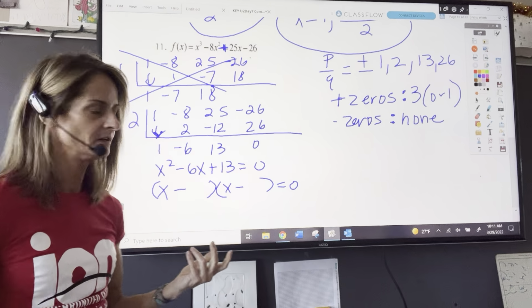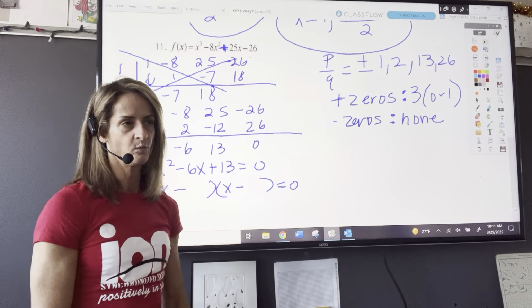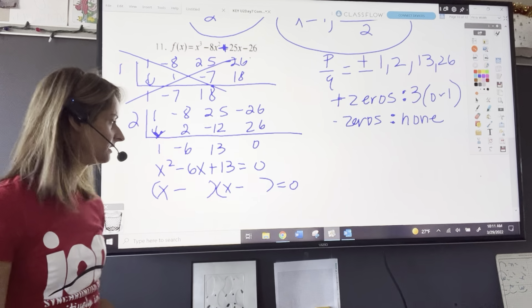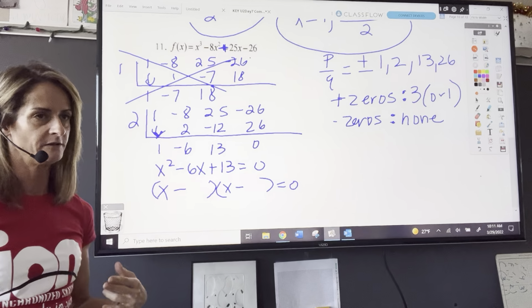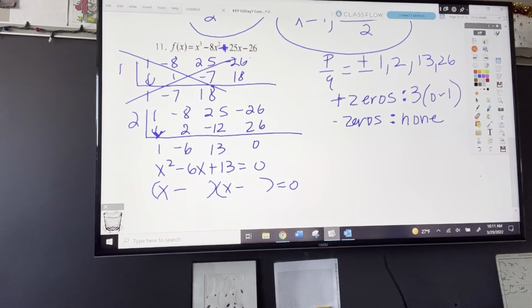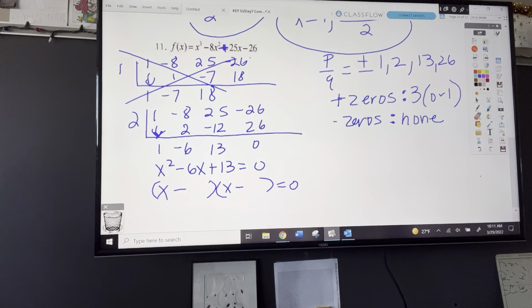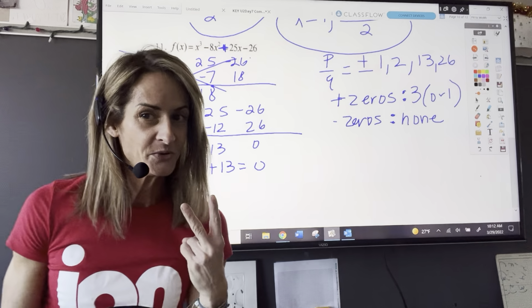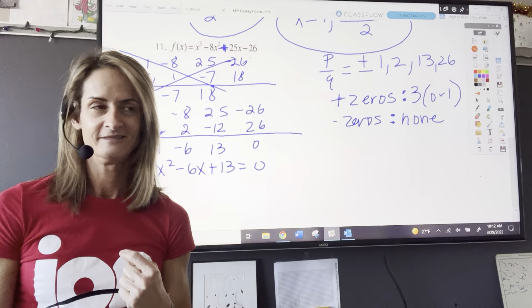We're not going to find anything because these two numbers have to be 13 and 1, because there are no other factors of 13. And negative 13 plus negative 1 is not going to give us negative 6, so it does not factor. We tried. Which means we only have one positive zero and 2 imaginary zeros. Awesome.